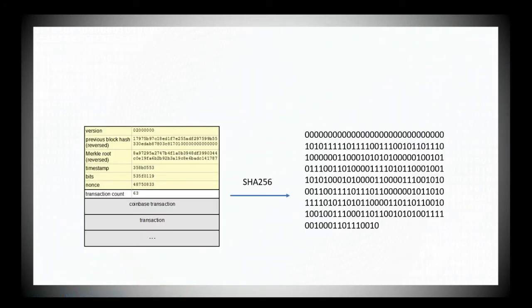What if I told you guys that I found a special number, this number highlighted by the red rectangle? What if I told you that I found a special number such that when I put that number into the nonce field of this particular block's header, and I run this header through the SHA-256 algorithm, it creates a binary output, the first 30 digits of which were all zeros?